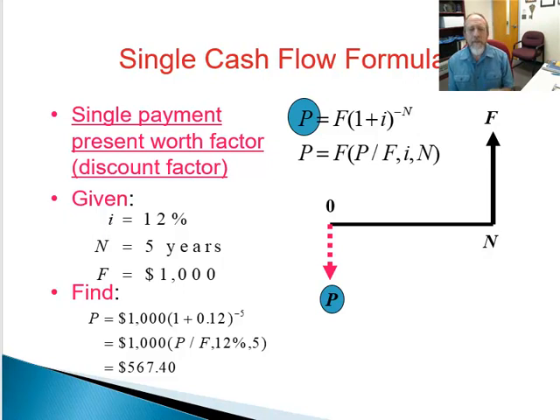So if you look at the numbers now, I'm hoping they're starting to make a little bit of sense to you. 12% interest is a little bit more than 10. 5 years, you're looking at $1,000. You knew that at 10%, 7.2 years would actually see a doubling. So with these different interest rates, the interest rate being a little bit higher but the period less, it's not quite a doubling of the 567.40.